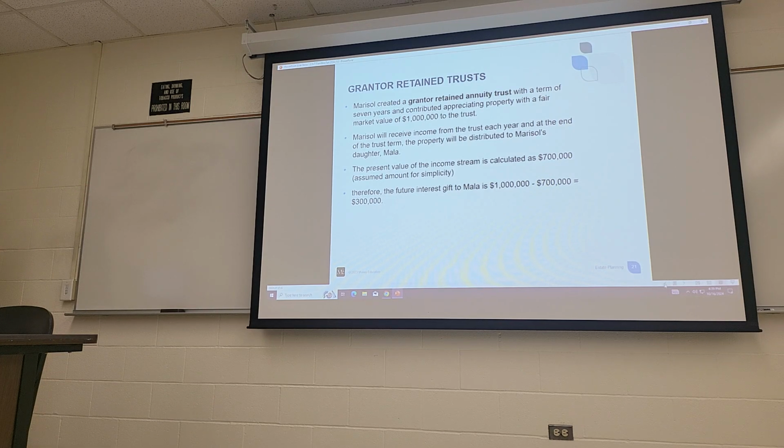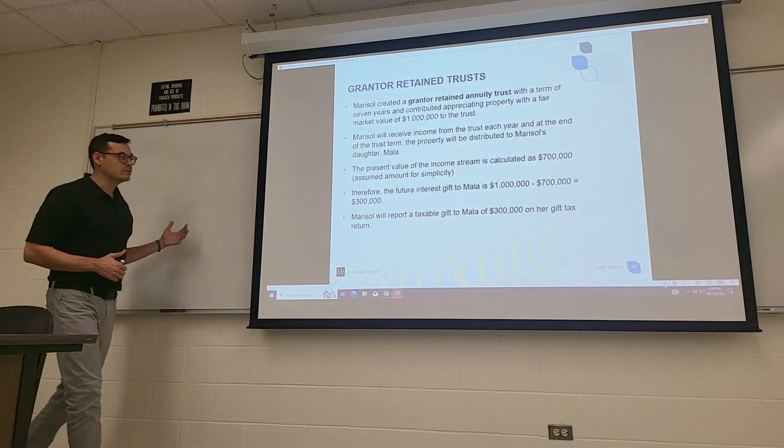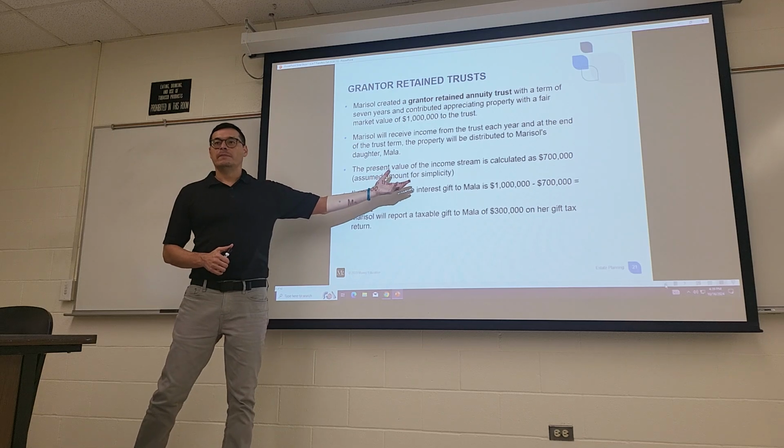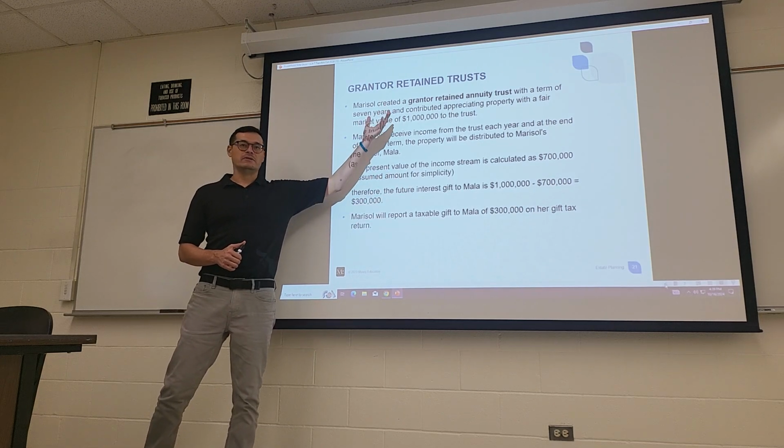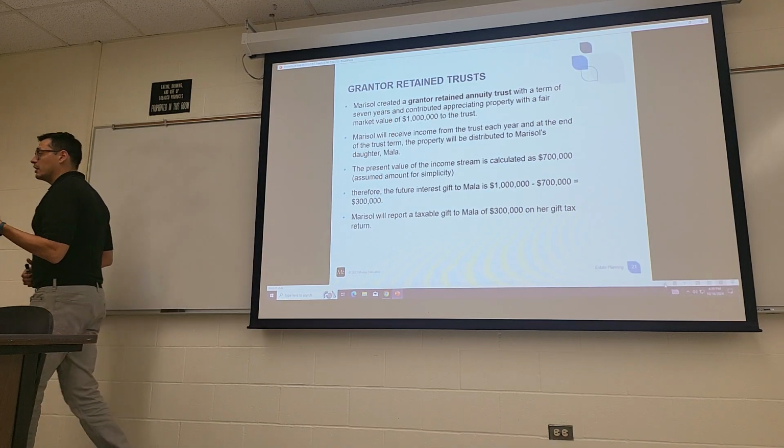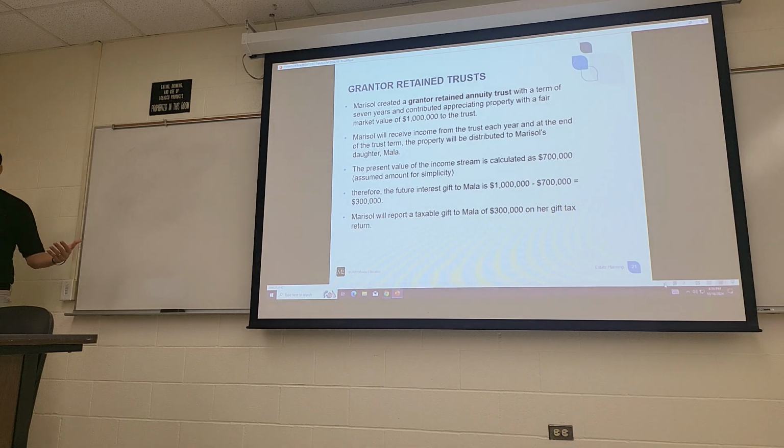So there's a gift of $300,000. So she will report a taxable gift of $300,000 as opposed to $1 million. That makes sense? And then any appreciation in the future. So yes, you're not completely avoiding some kind of taxation, but you're severely reducing the amount taxed.